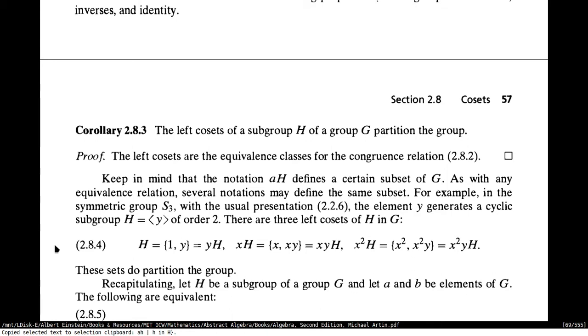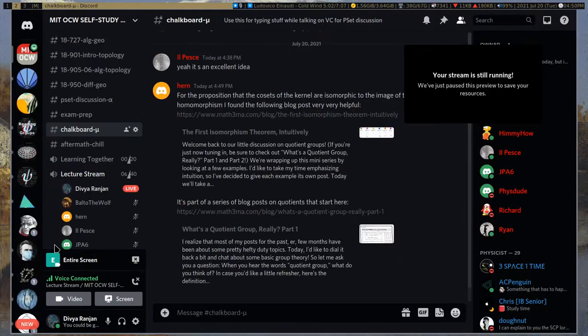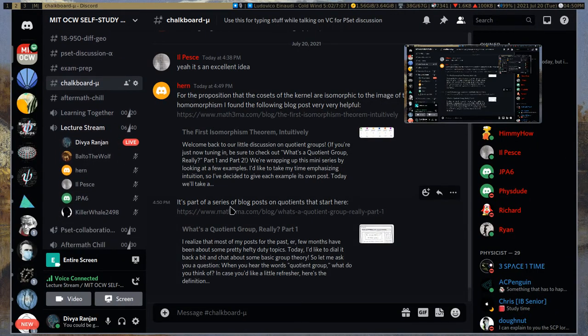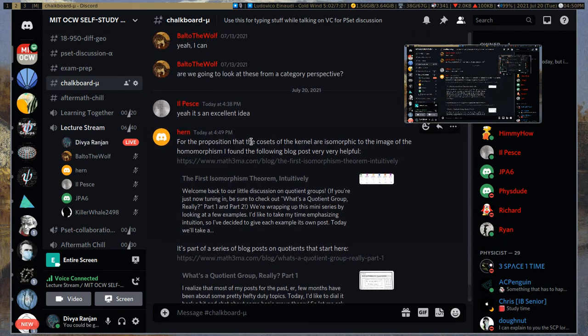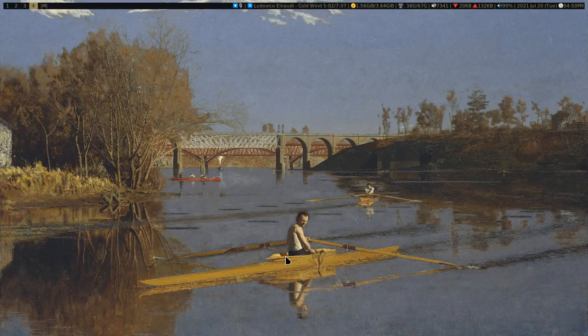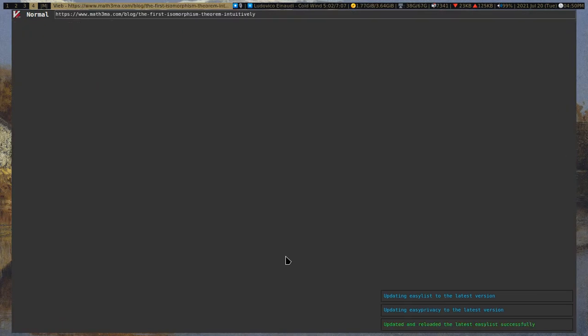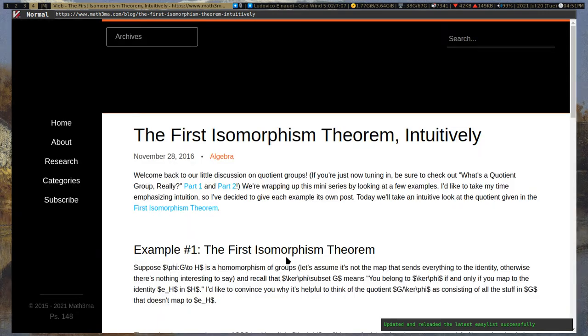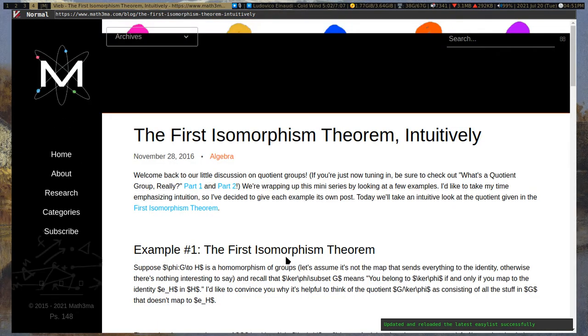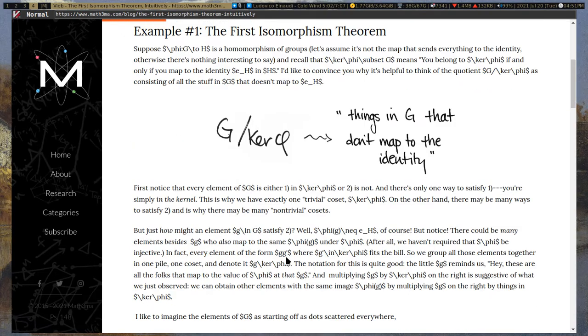Okay, so yeah, Hearn just posted a link to this blog, I guess, relating to the cosets of the kernel. Hearn, can you say something about it? I'll check it out. I just found this series of blog posts very helpful. If you really want to understand what the quotient group means, see the first two blog posts in the series, the theorem that the cosets of the kernel are isomorphic to the image of the homomorphism.